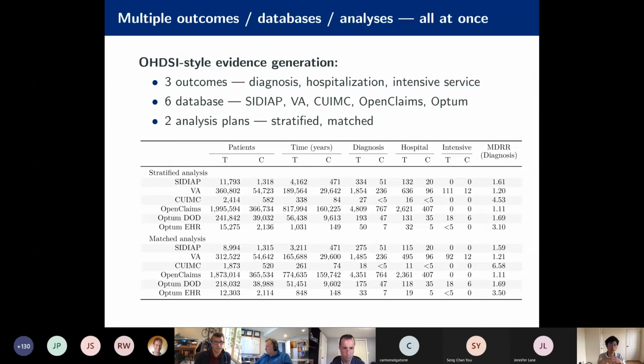In total, we had 6 databases available to us with enough sample size, one from Spain, Catalonia, SIDIAP, and the other 5 from the US. Our study included 3 million patients, 80% of which were on alpha-1 blocker and the rest on the active comparator.